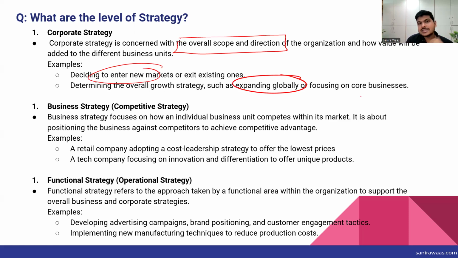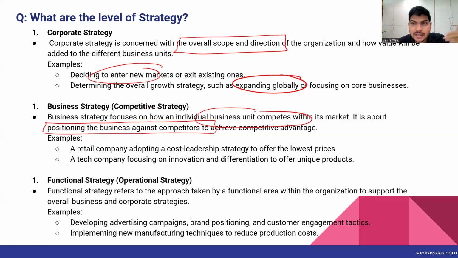But if they want to discuss how Keells sets pricing for customers, that is more business unit level strategy, how we are going to position the business against the competitors. That is business level.